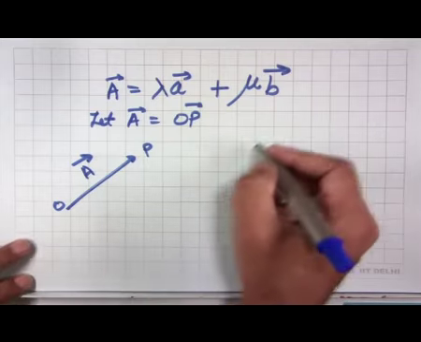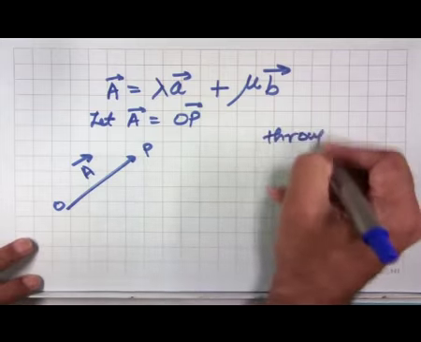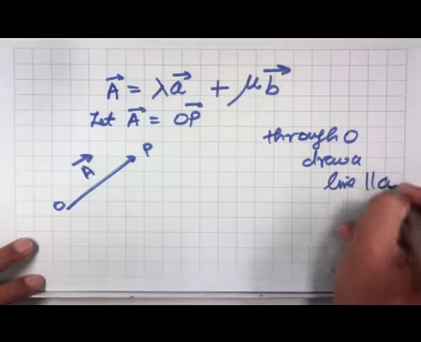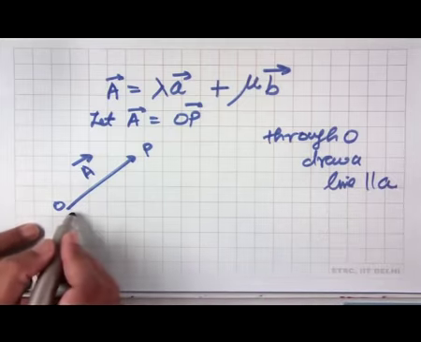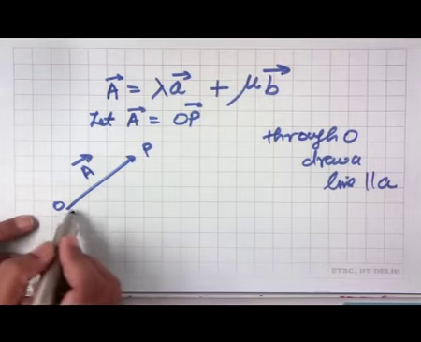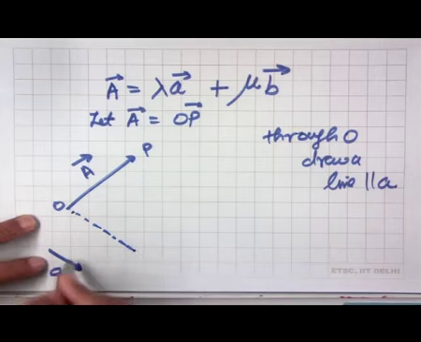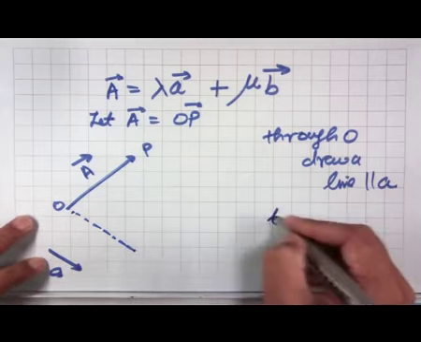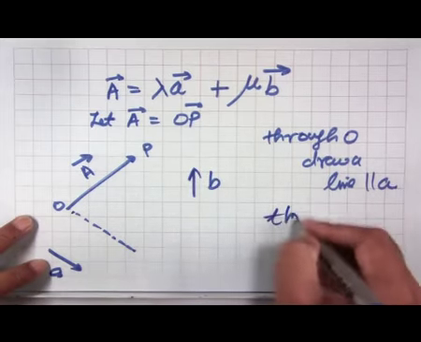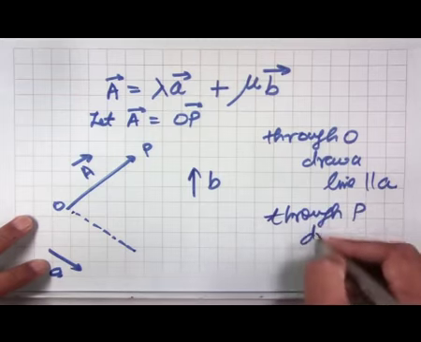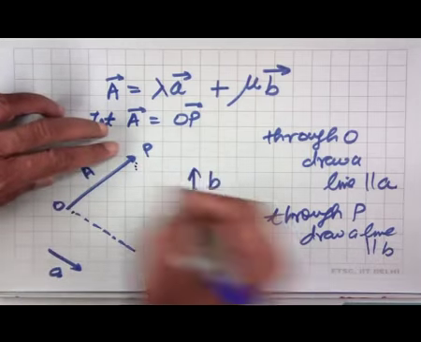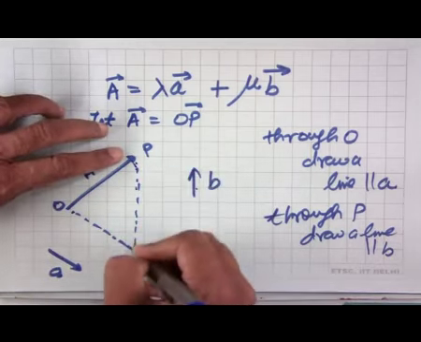Then through O we draw a line parallel to A. So, if the original vector A was like this, through O we draw a line which is parallel to A, and if the original vector B was like this, and through P we draw a line parallel to B. So, now B was in this direction, we draw a line parallel to B.